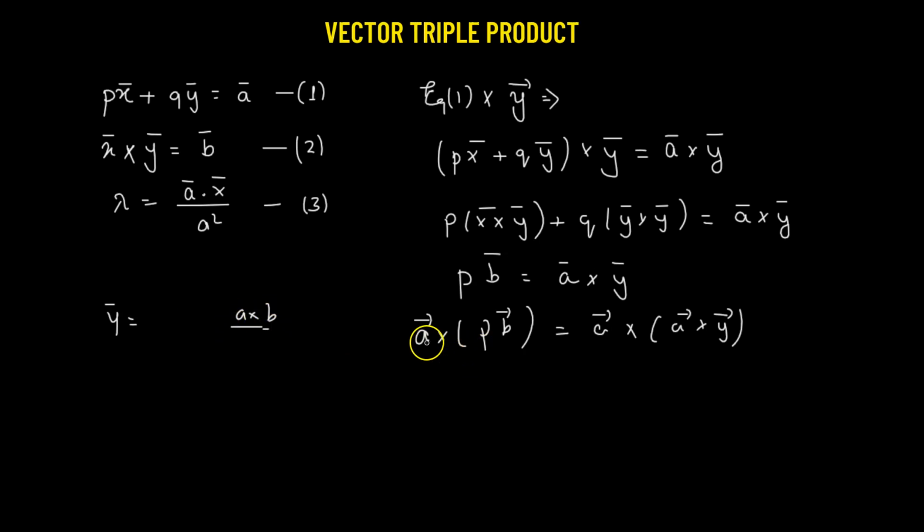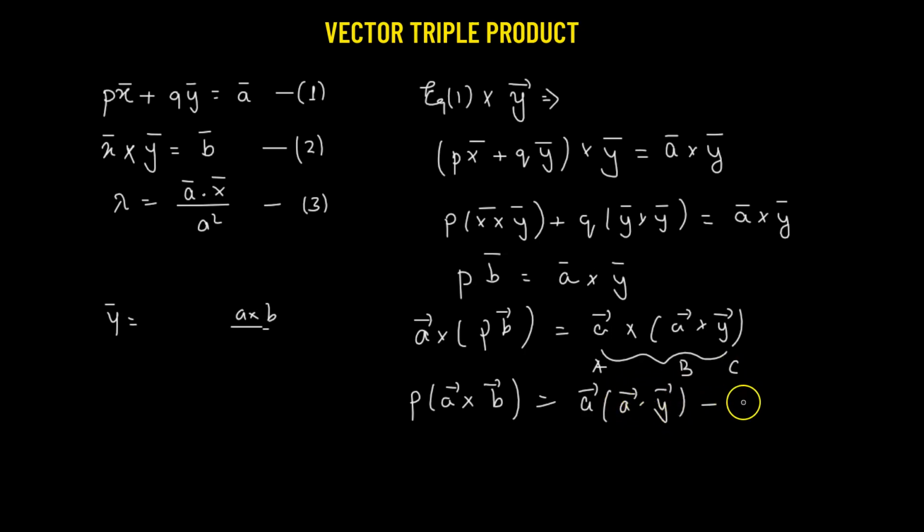That's why we have taken the cross product with vector a. So this will be p times a vector cross b vector, and we use the back-cap method. Let's write it down, it will be easier. Back will be vector a multiplied by a dot y, minus cap, so cap will be y vector a dotted with a.